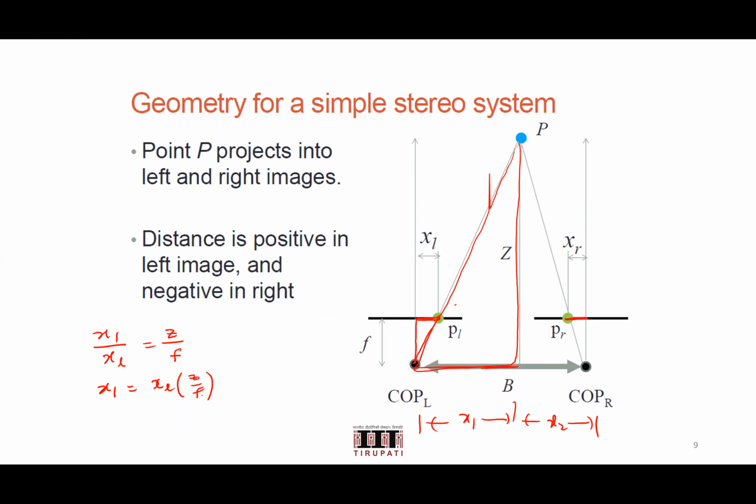I could do the same thing here for x2. This time let me take this triangle and this triangle. These are again two similar triangles because these two lines are parallel, and they share the same hypotenuse.